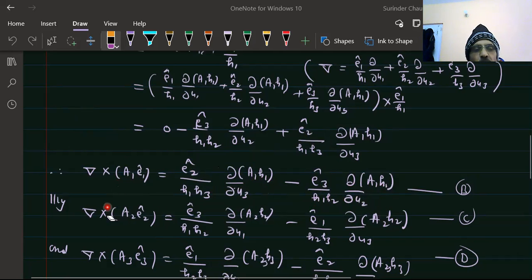Similarly, we can write the curl of a2 e2 vector by the same steps.